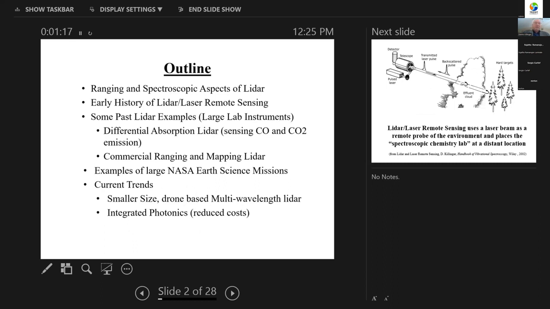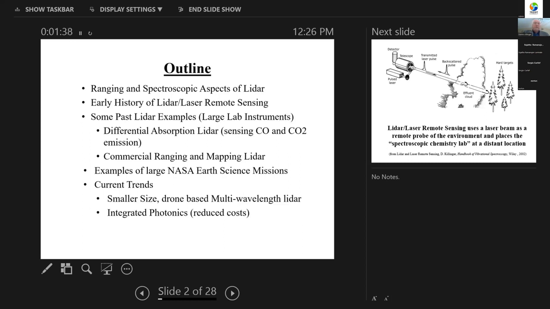I'll give you some examples of differential absorption Lidar that uses a laser beam to measure CO and CO2 in the atmosphere. And then some more commercial ranging and mapping Lidar that's being developed now. I can't cover anything at NASA, but I can show you some of the programs that they have.